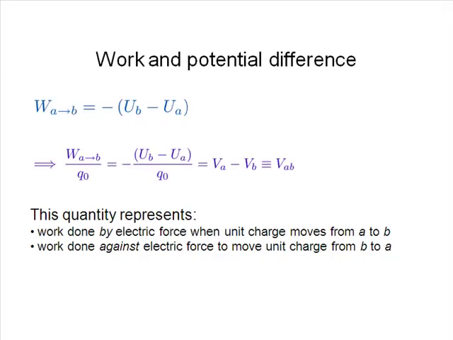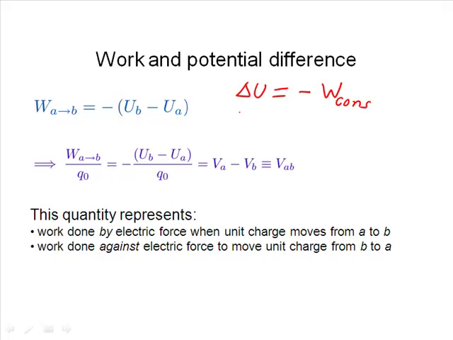We can use the concept of electric potential or voltage to understand things such as the work done on a charge. Remember that the definition of potential energy originally was based on the work done. The change in potential energy is simply equal to minus the work done by a conservative force. In this case, electricity.